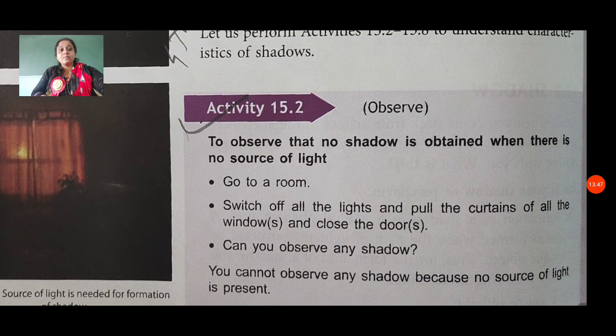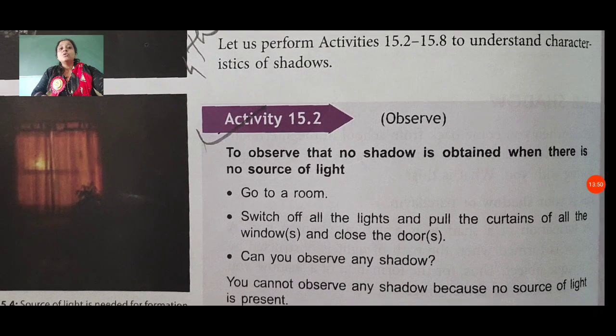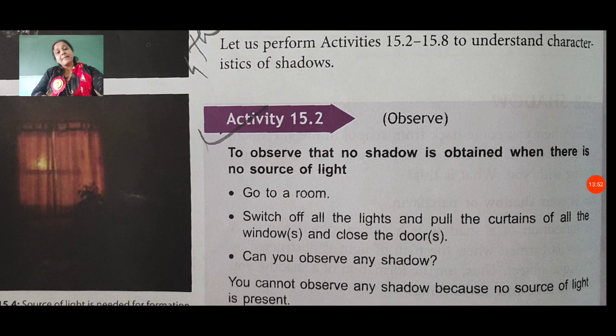You cannot observe any shadow because no source of light is present there. That means if you want to form a shadow, you first need a source of light. Without a source of light, you cannot form a shadow. This activity proves it, because in this activity we switch off all lights and there is no kind of light source, so the shadow is not formed.